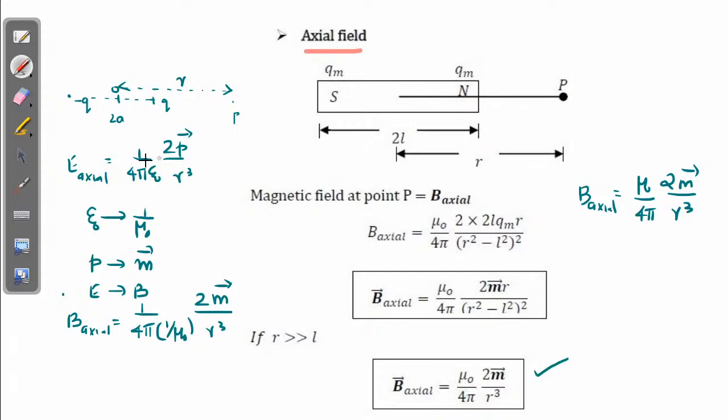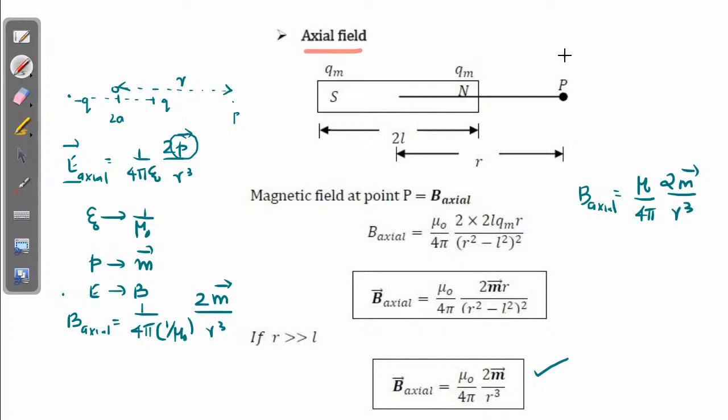One more important point: the electric field and the electric dipole moment were in the same direction. Same logic I can apply here. The magnetic field and the magnetic moment are in the same direction. So the net magnetic field at point P and the net magnetic moment will be in the same direction.